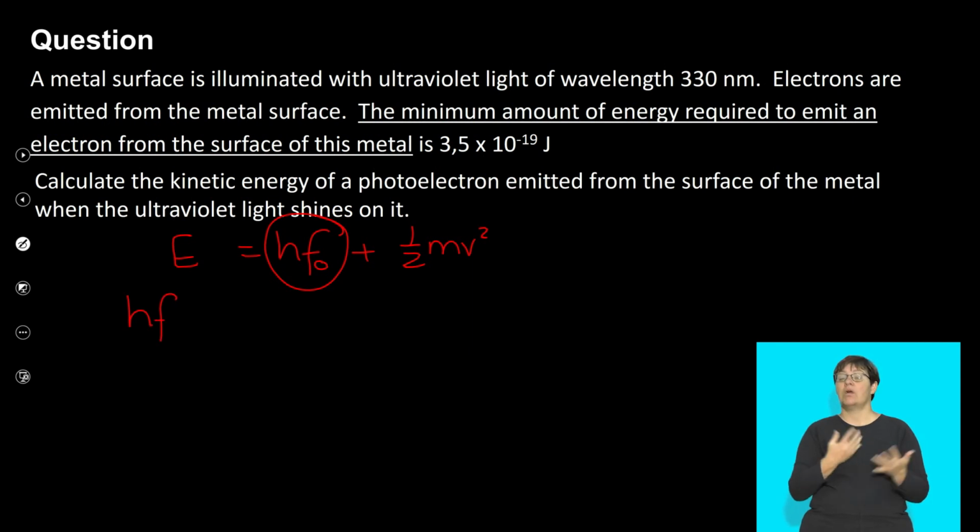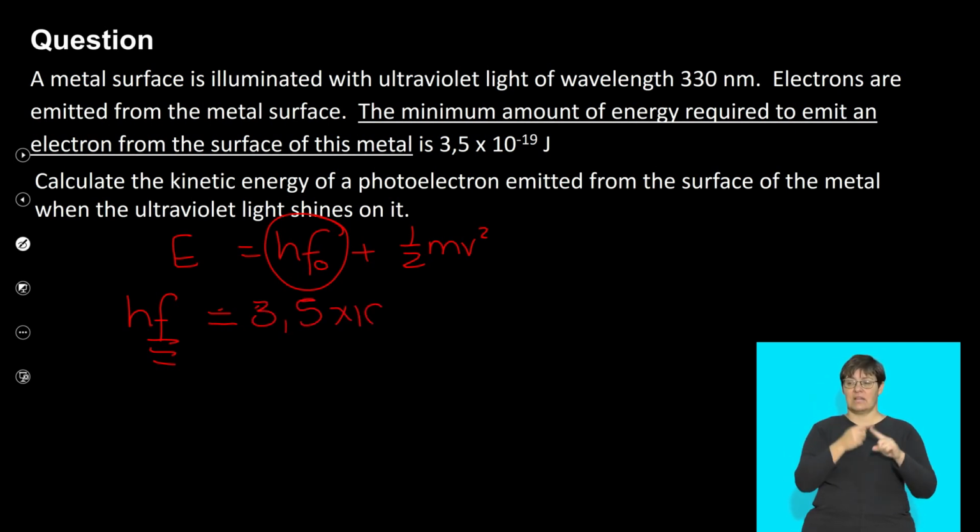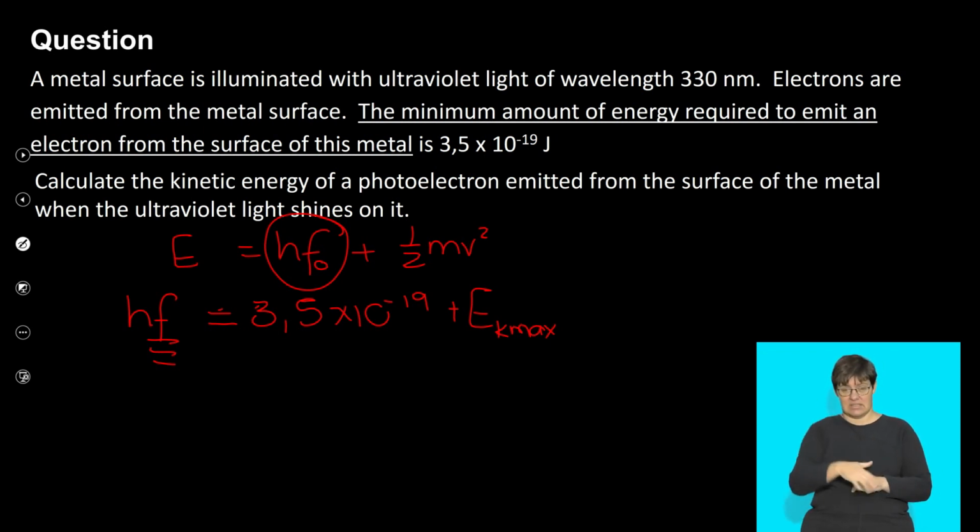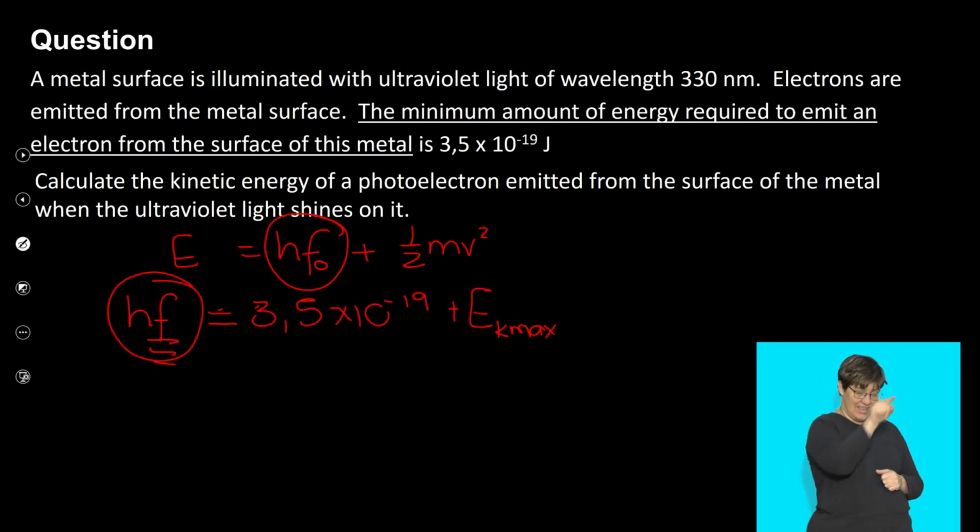We've just worked out f, so we can put that in. They want the kinetic energy. We know this is 3.5 times 10 to the minus 19. And in fact, all we have to do is calculate E k max. We didn't need the velocity. So just be careful. This is why you needed the question we just worked out. This actually makes it not so bad. Okay?